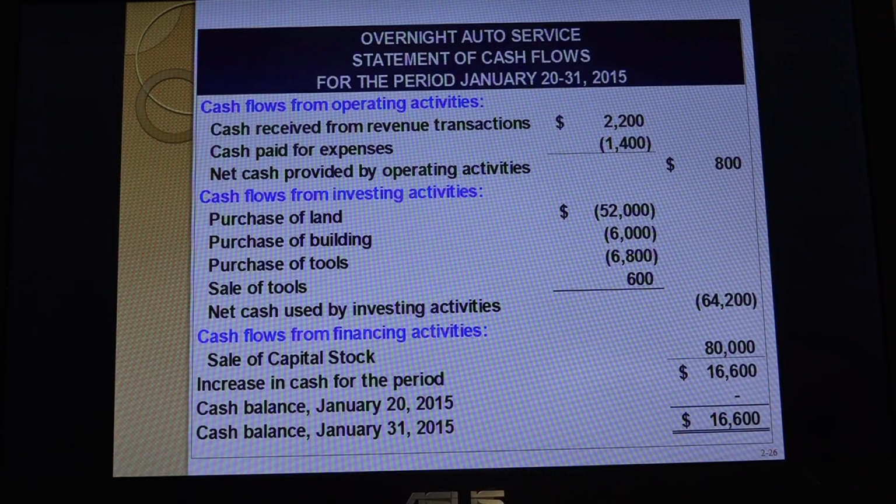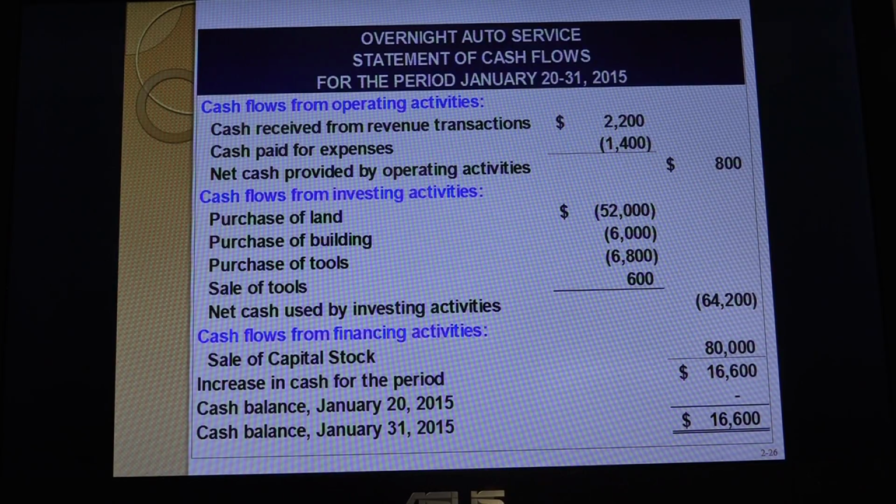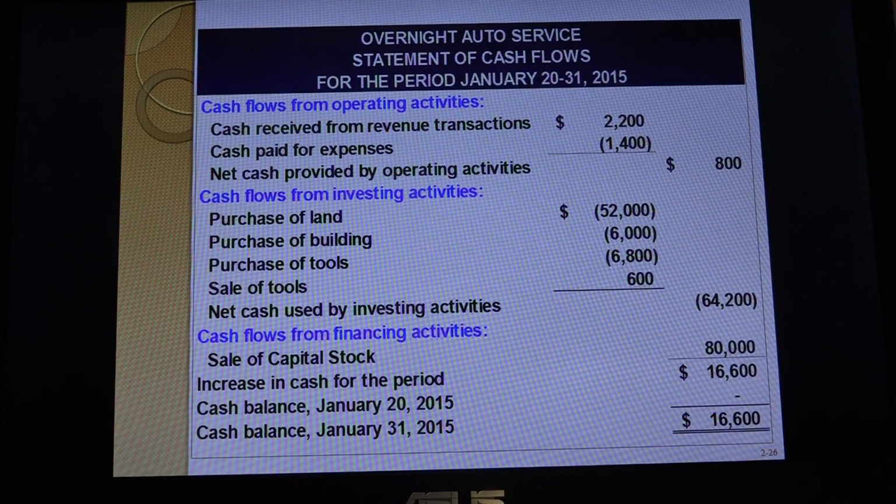So bottom line is you started out with, if you add up your cash flows from operating activities, investing activities, and financing activities, the net effect is an increase in cash for the period of $16,600. Here you started out with zero, and so normally you would look at the increase in cash for the period, add that to the cash balance at the beginning of the period to come up with your cash balance at the end of the period.